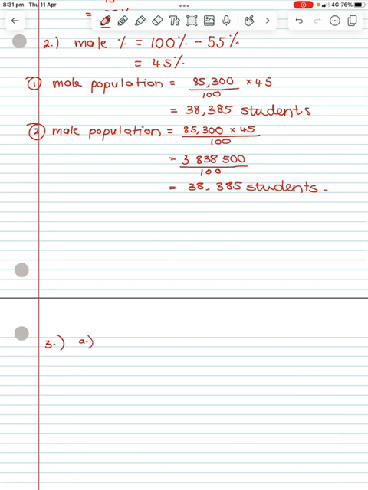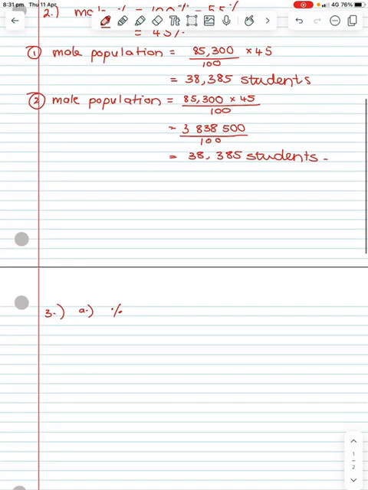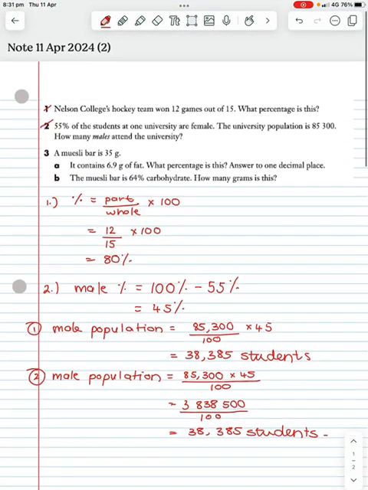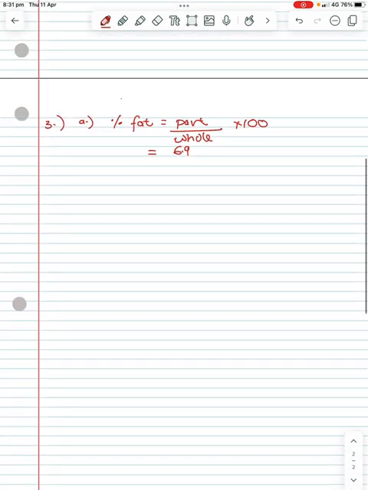So we want the percentage of fat. We're going to do our part over our whole and then multiply it by 100. In this case, our part is the 6.9 grams because that's how much the fat is. The muesli bar is 35 grams, so we divide by 35, and then multiply this by 100.